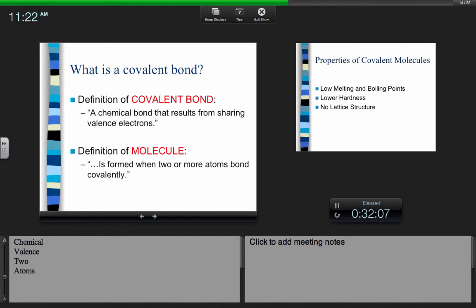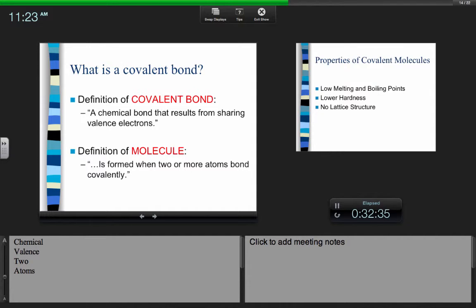Okay, we've got to move on because we only have a few minutes and we haven't even got to covalent bonds yet. Covalent bonds, all about sharing. We call substances that are bonded covalently molecules. When someone says molecule, typically they're referring to a substance that has a covalent bond. So carbon dioxide molecules, water molecules, oxygen molecules, hydrogen molecules, sugar molecules.